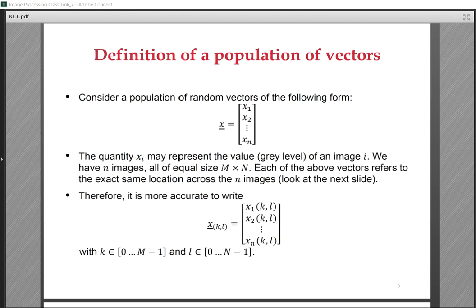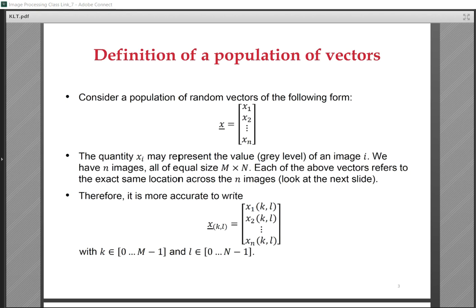That means x1 for image 1, x2 for image 2, and so on. And x1(k,l) means the gray level of all pixels of image 1, and the gray level values of all pixels of image 2, and so on. These vectors define the intensity values of gray levels of n pictures.